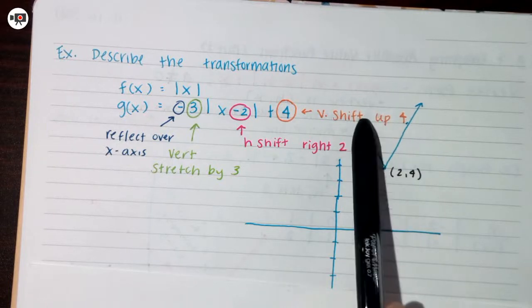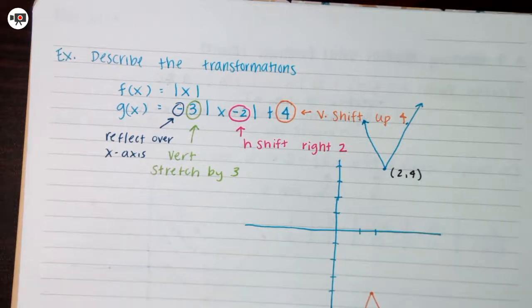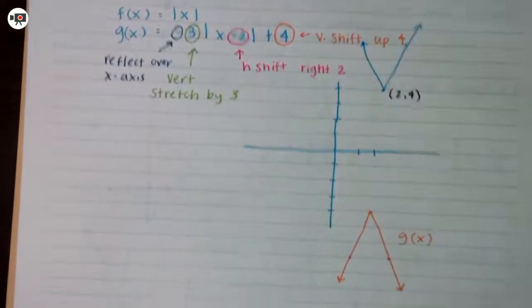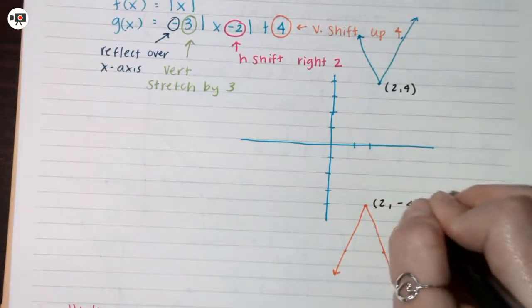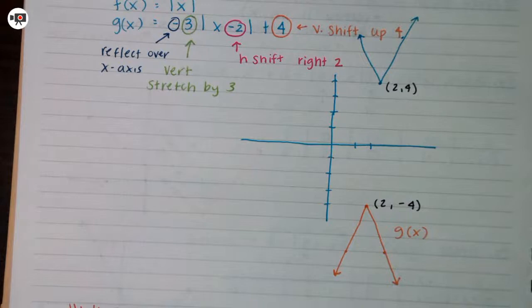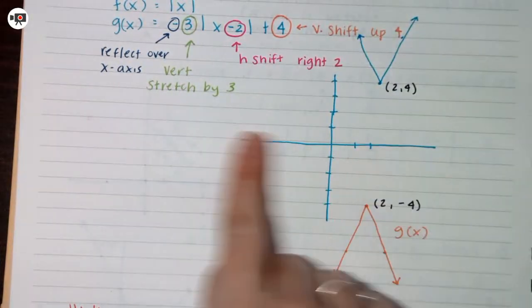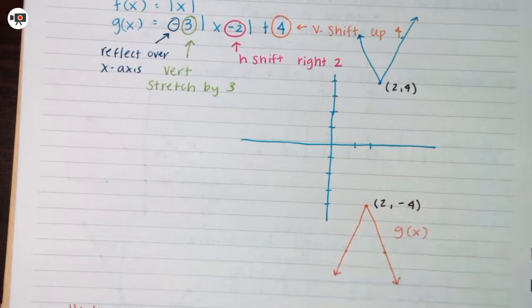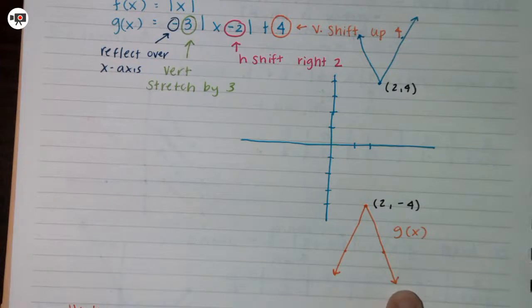Up 3 to the left 1. But then this reflected over the x-axis means that it is going to be down here. So this is the point to negative 4, because I take what was up here and flip it over the x-axis, and it gets pointed down because it is mirrored, it is reflected.